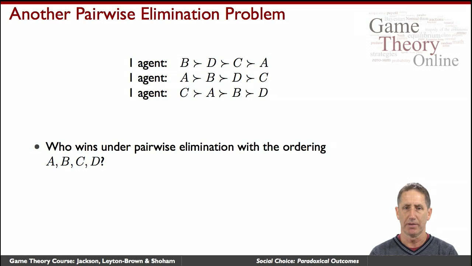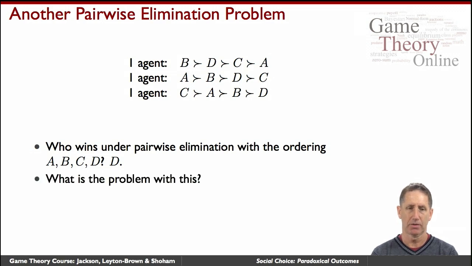And here is another example. There are 3 agents and 4 candidates, and the preferences are as written up there. Now, consider again pairwise elimination with the ABCD ordering. What would you get? Again, pause the video for a second, think about it, and realize that the winner would be D. We're now not talking about different orderings.